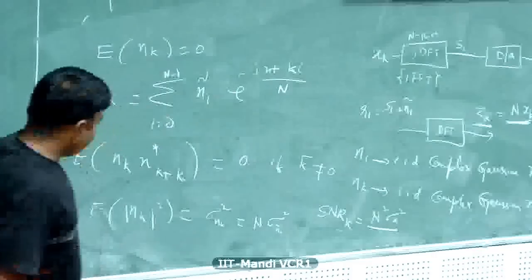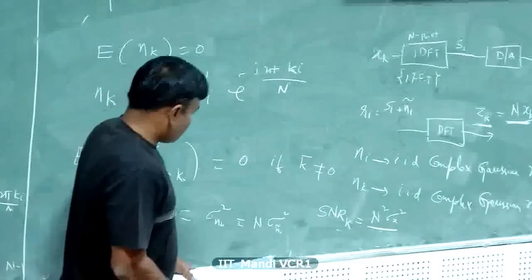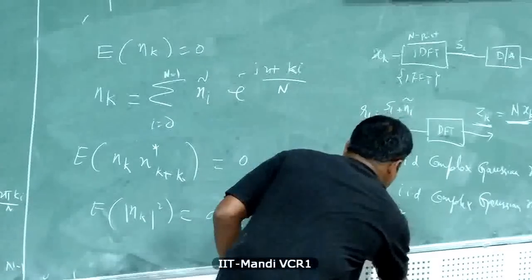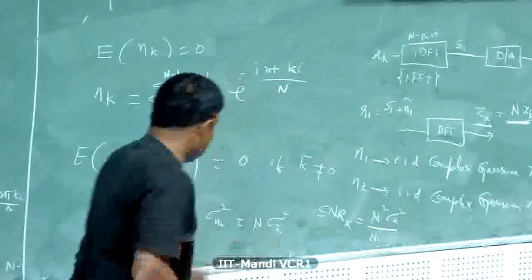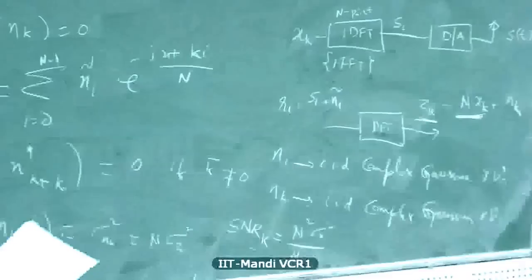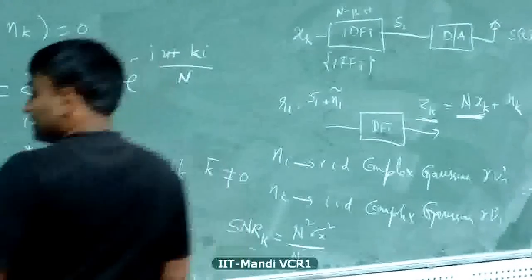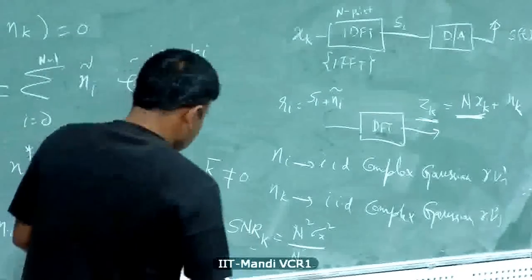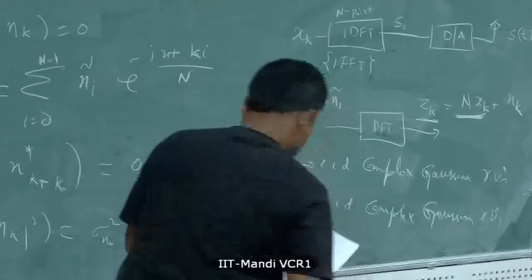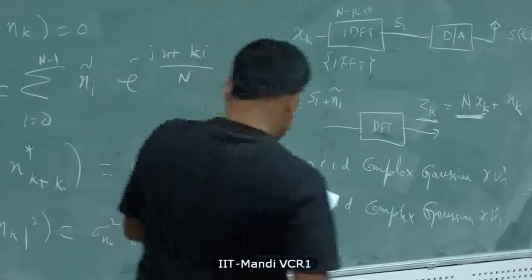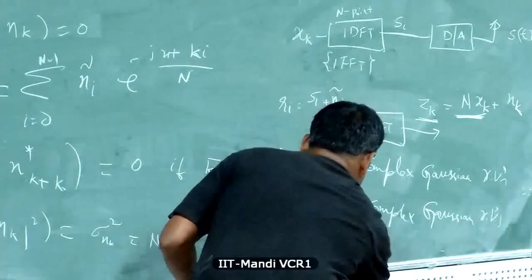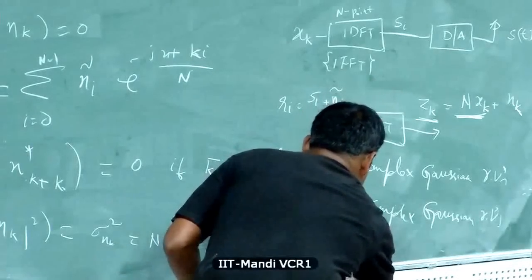And what is the noise power? N times the noise power of N tilde I. What was that? I don't have it written here. What is the noise power at the ADC output? N times delta F times N naught, right?